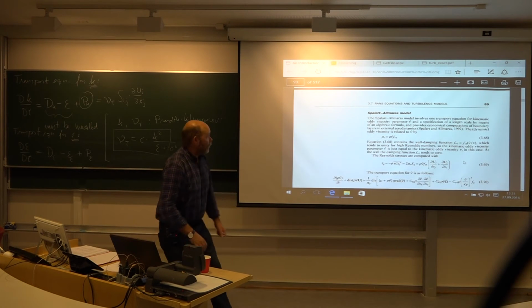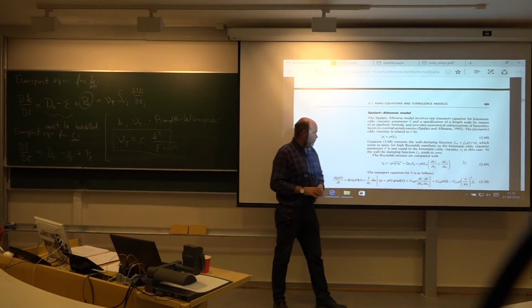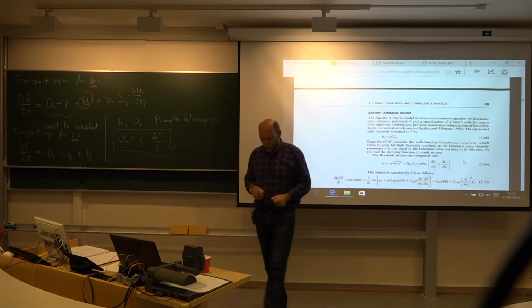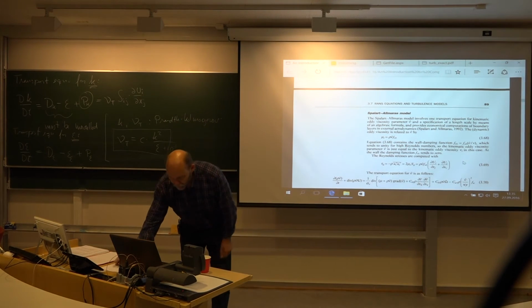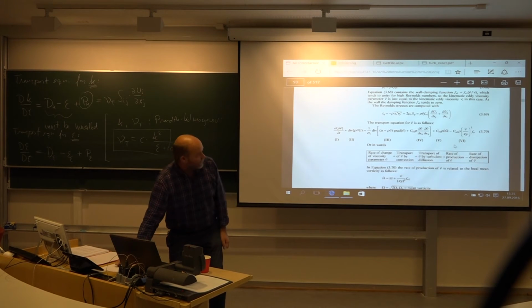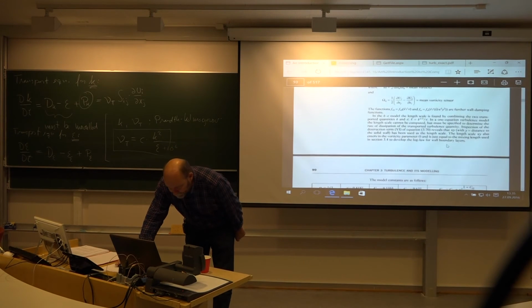Here, by the way, is the other one, the Spalart-Allmaras turbulence model. That was just transport of the eddy viscosity, just a one transport equation model, looking something like this. Also, a lot of modeling, of course, on the other side there.